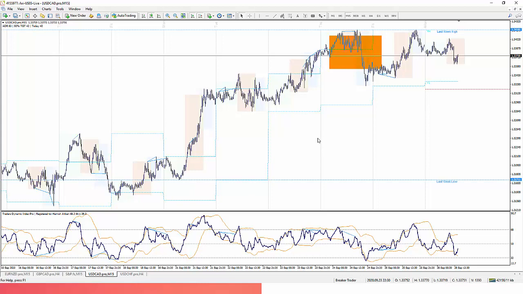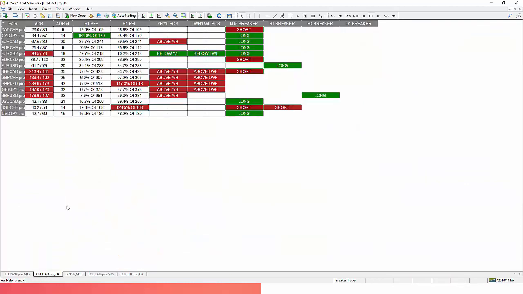So with H4 in this example, we've just had a breaker put in, so we would be expecting now to be shifting to sell orders. But it may not happen, but the rule is I'm looking now on M15 to be taking short trades in this particular case.